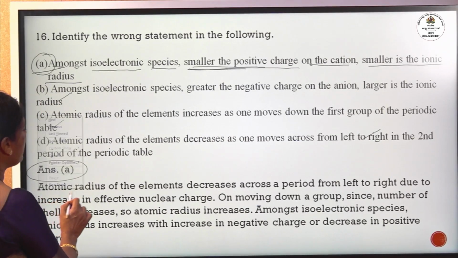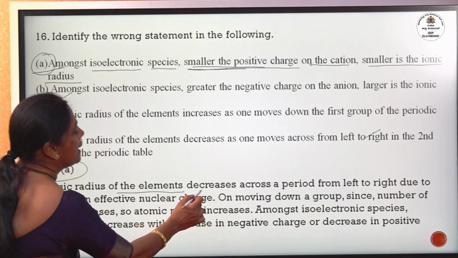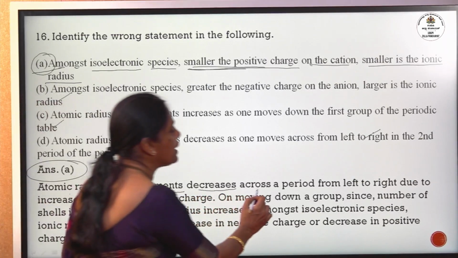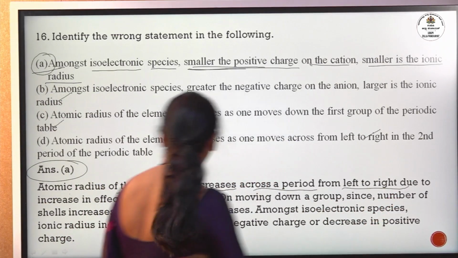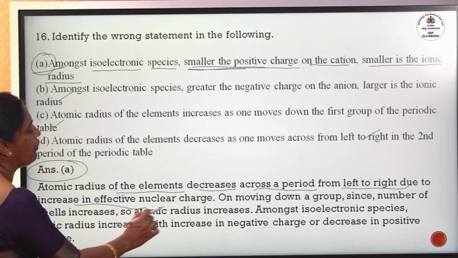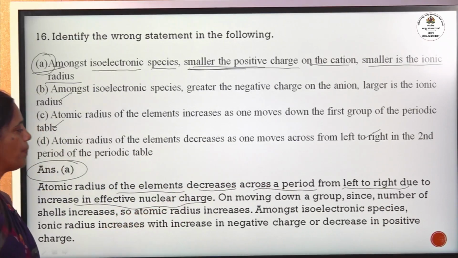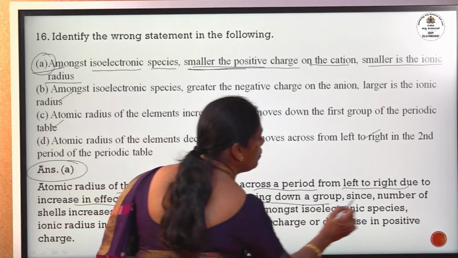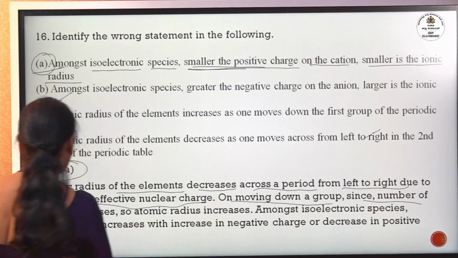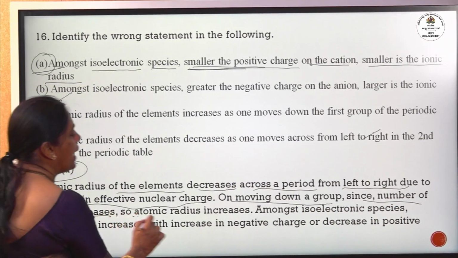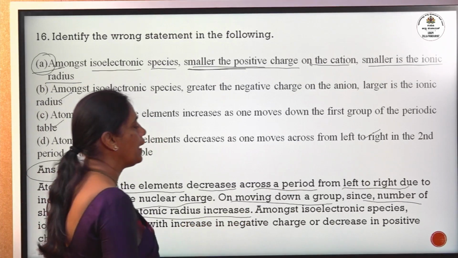A is the correct answer and the explanation we will again check. Atomic radius of the elements decreases across a period from left to right due to increase in effective nuclear charge. On moving down the group, since the number of shells increases, atomic radius also increases.